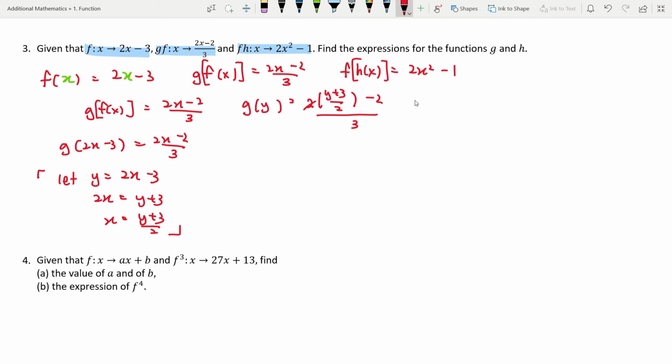Simplify it. (y plus 3 minus 2) over 3. We get (y plus 1) over 3. You might want to change it back, or you can just leave it. g(x) will be (x plus 1) over 3.